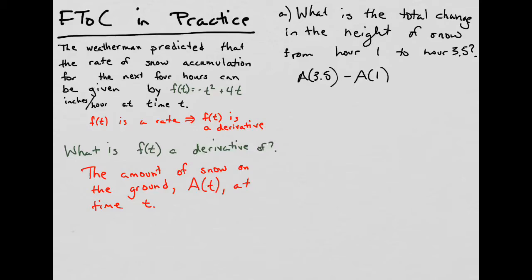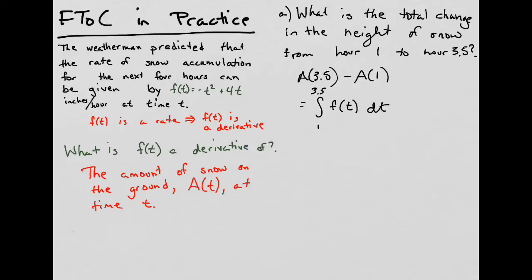But remember, the derivative of this guy is f of t. So this means that you just need to take an antiderivative of f of t in order to do this. So this is the same thing as the integral from 1 to 3.5 of f of t dt. Because A of t is the antiderivative of f of t.